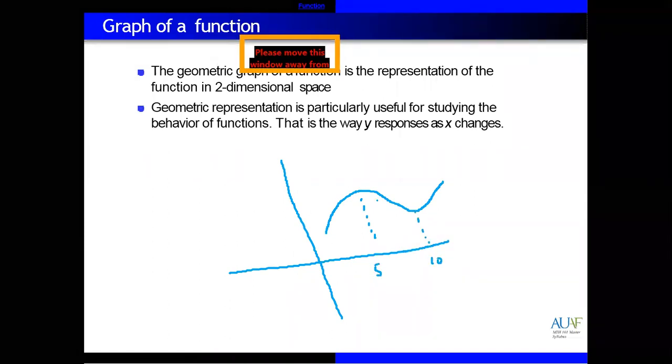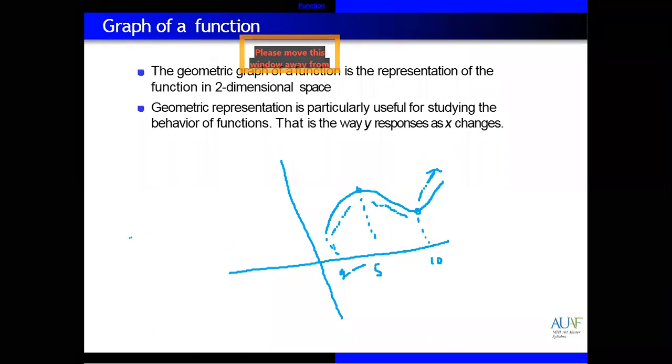So you can see from this graph, this shows the nature of a function. We can say that, for example, from 2 to 5, this function is increasing. When it reaches 5, it starts decreasing until the value of x equals 10. This graph is decreasing, but after 10, it is again increasing. So to see the behavior of a function, we need to draw a graph.